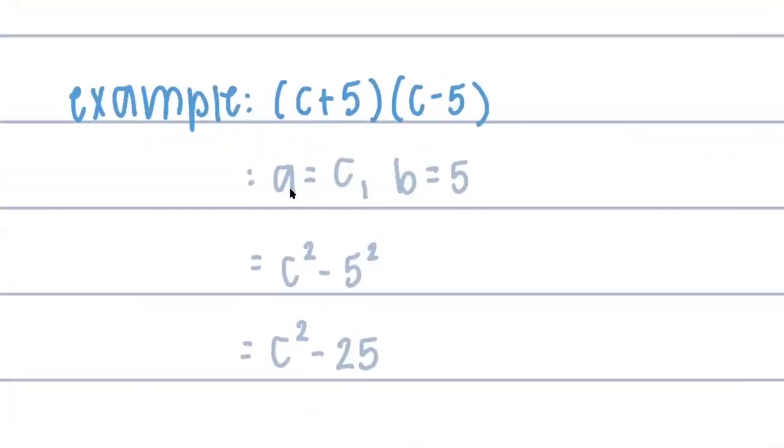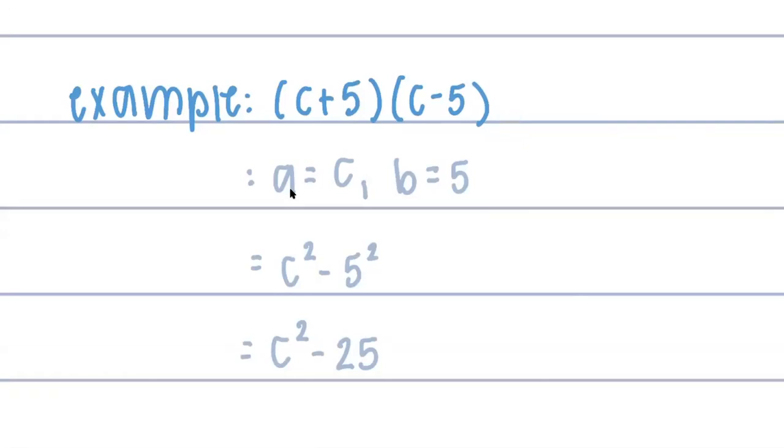So for an example, let's say that your problem is to multiply c plus 5 times c minus 5. The answer is c squared minus 5 squared.